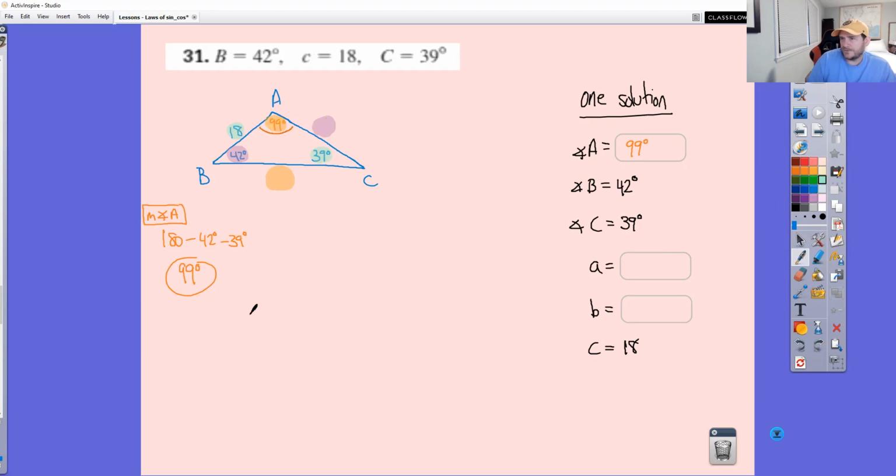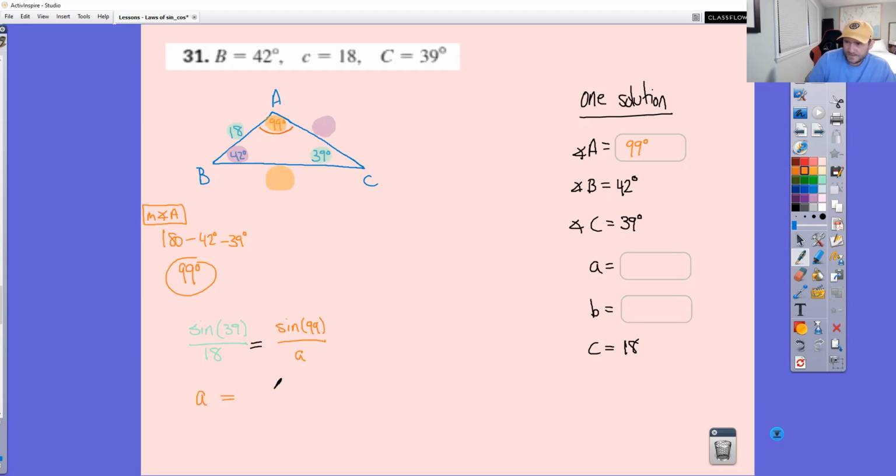We know we're going to take these green things, though, and write our first sine ratio. We'll say that the sine of 39, when divided by 18, has to give the same result as when we divide the orange things. So the sine of 99 divided by I don't know what. So that's our variable. We solve by cross multiplication. So cross multiplying the A, I get A times sine 39.